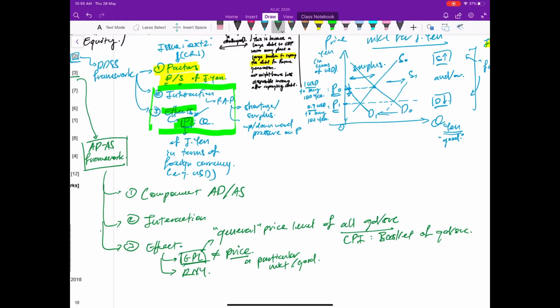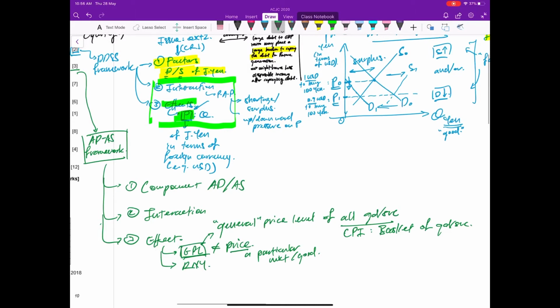So this is an example of how a single question can utilize different topics, and one topic is for macro, another topic is for micro. Don't be intimidated. For every question, you ask yourself, which topic is this question from? Once you have that, you can then have the framework, and in this case, the ADAS framework, and that will guide you to answer the question.